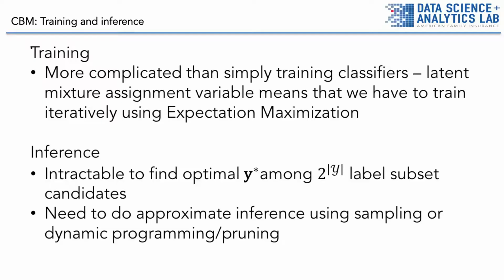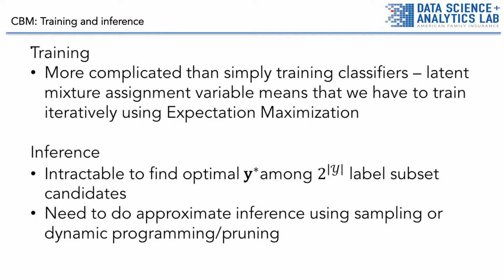And then inference can also be complicated as well. Doing inference in this model, what we want to do is not actually just find the expectation from the model for each of the labels independently. Instead, we want to find the optimal label assignment across the entire label space, which may be different from considering each of the labels in independence.